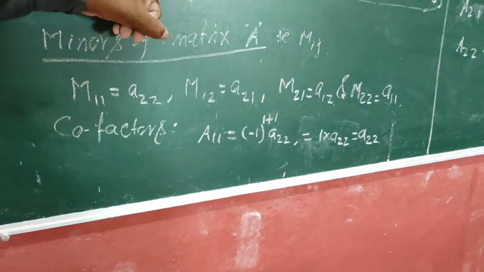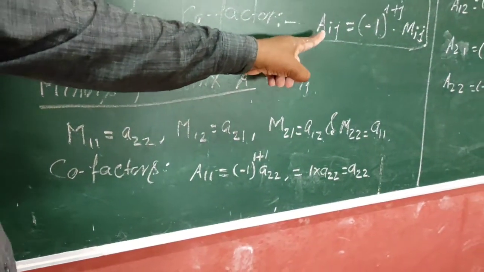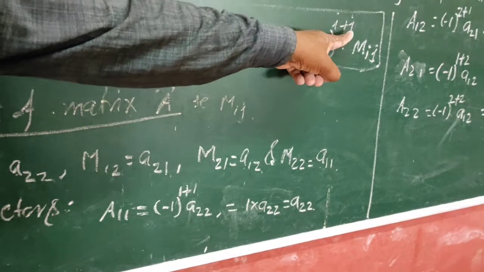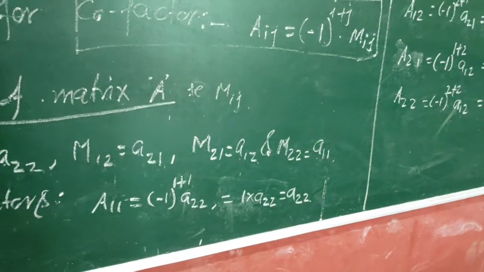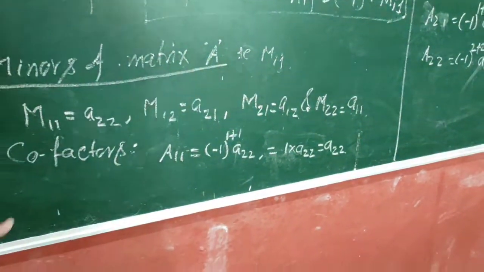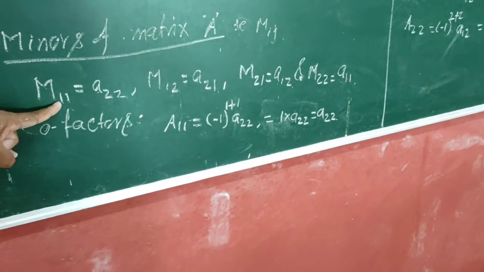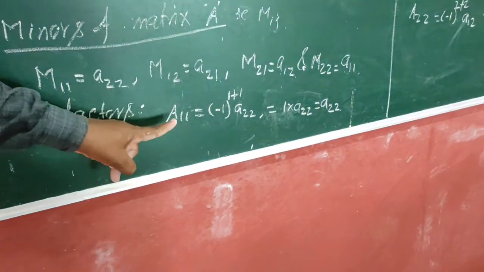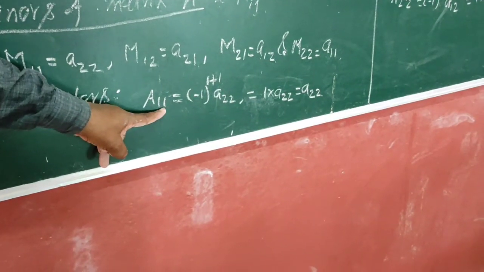So we have the formula for the cofactor: Aij is equal to minus 1 raised to the power i plus j into Mij. So we find the cofactor of M11. What will be the cofactor of this first element? It is denoted by i is equal to 1, j is equal to 1.